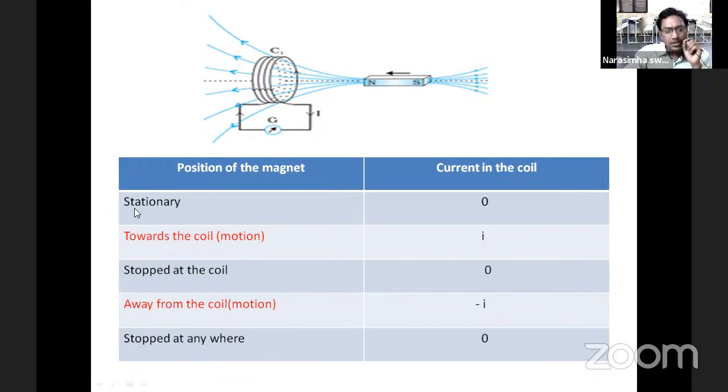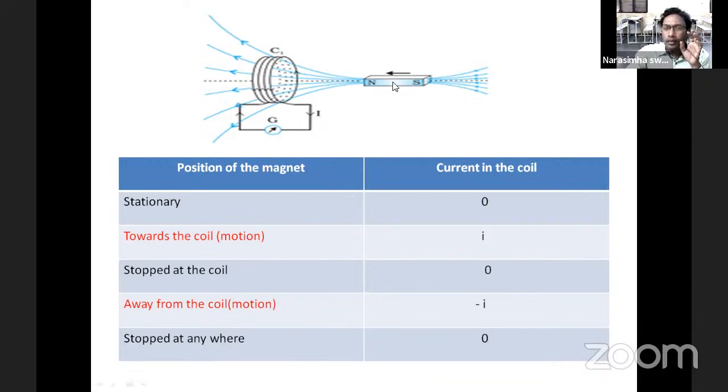Observe this. Stationary. When the magnet is kept constant, now tell me, the number of lines of force which are coming out from the north pole of the magnet will be the same, no? A constant number of lines of force will enter into the coil. Yes, sir.